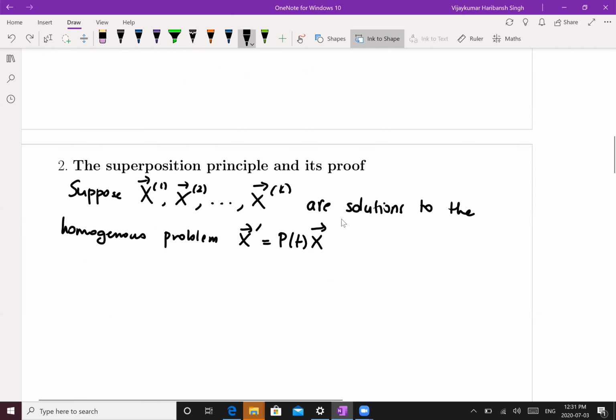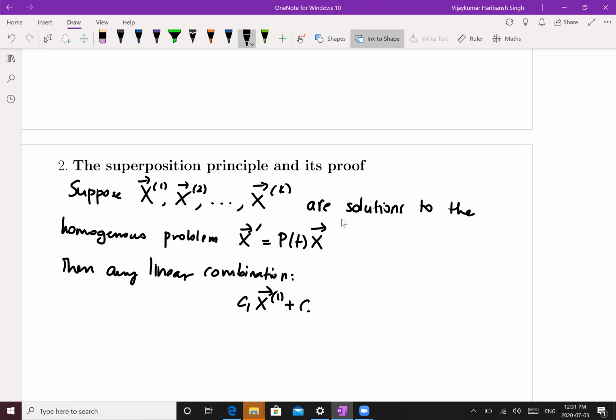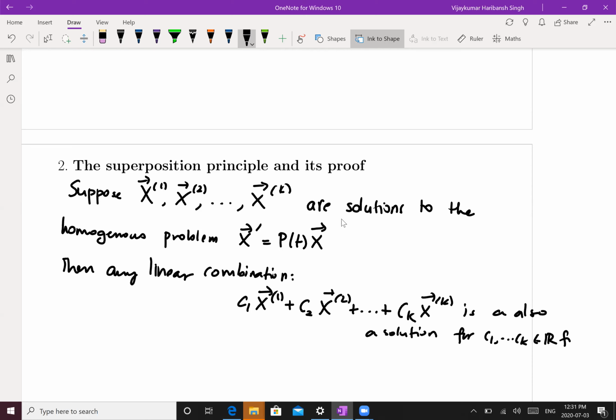Then any linear combination, where you have c1 x1 plus c2 x2 plus ... plus ck xk, is also a solution, for c1, ..., ck belonging to R fixed.